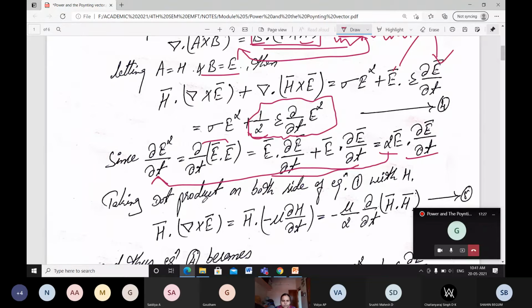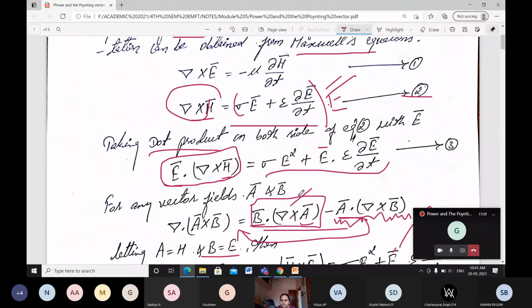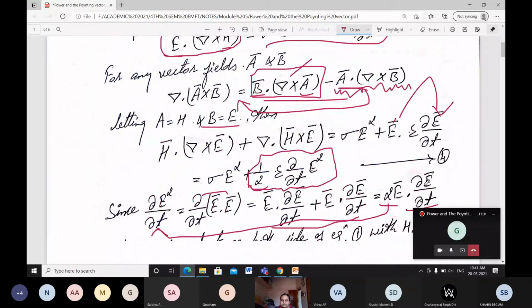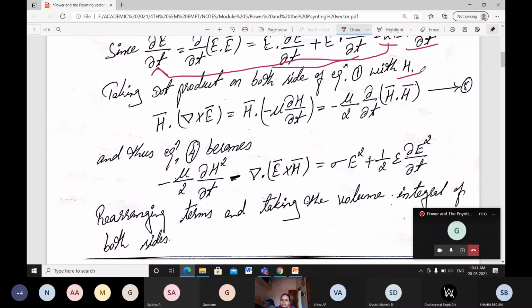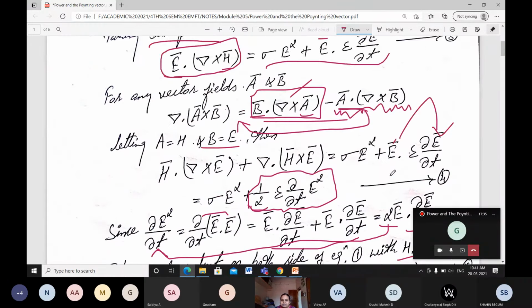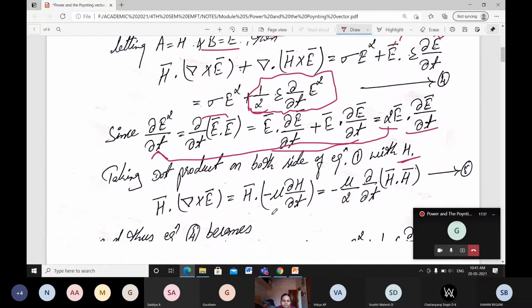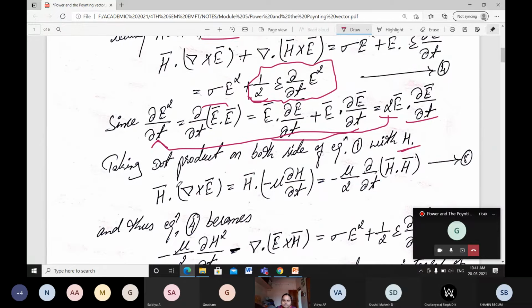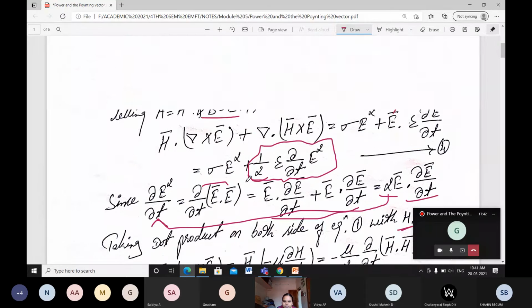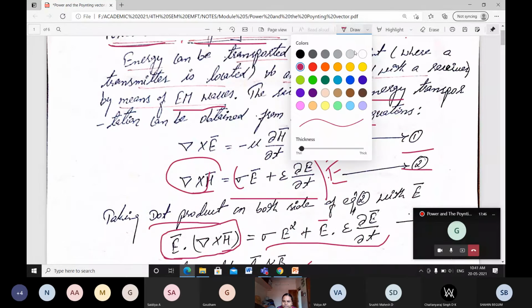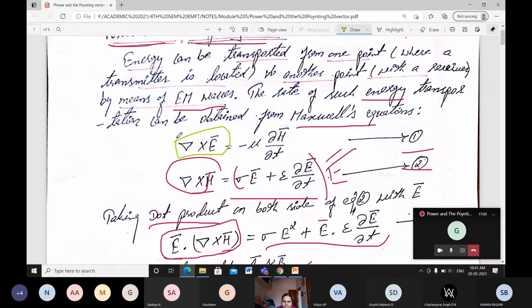Now taking the dot product of equation 1 with H, here we took E, here we have to take H. Then H dot del cross E is going to be, for this, now you will be taking with H dot.